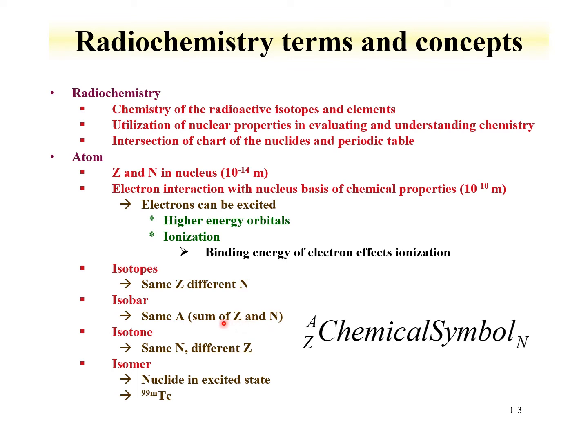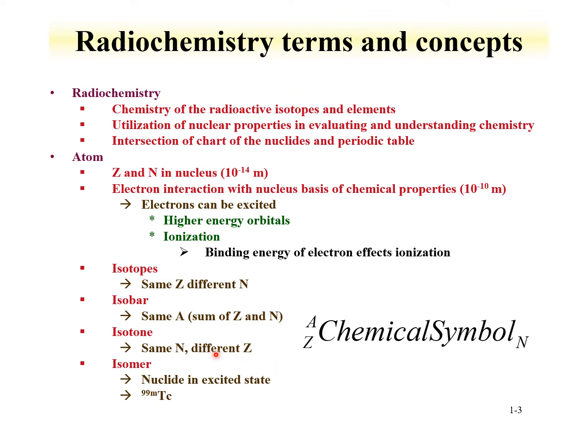So as an isotope undergoes beta decay, it converts a neutron into a proton, so the sum, the A, remains the same. An isotone is the same number of neutrons but different number of protons. This is used to help identify how the neutrons and the protons have properties within the nucleus.